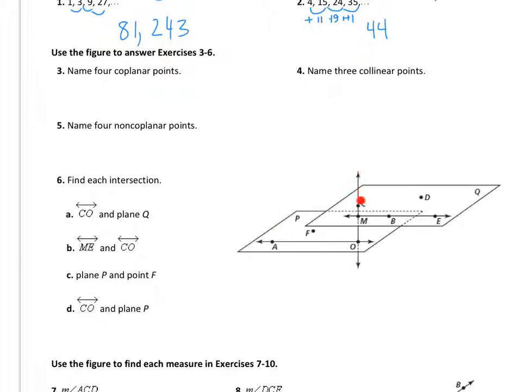And then CO is a line that intersects the plane at points M and O. So name 4 coplanar points. So I'm going to write them C, and then, actually it's kind of hard to see if C is on there.